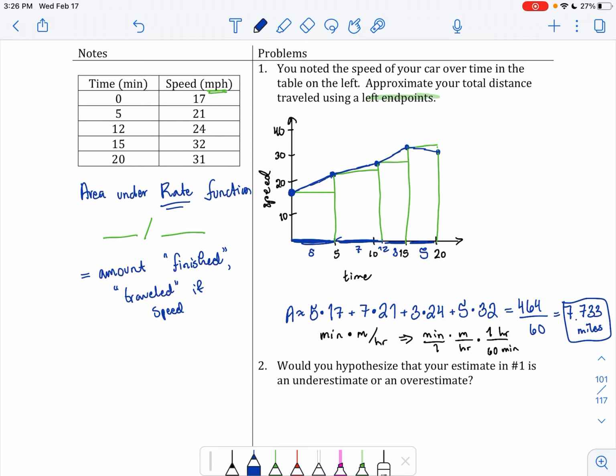I can make segments, make it a line graph like this, and I would suppose that I have underestimated here, because I'm not counting these areas, and then I would have an overestimate just on this last rectangle. So since the first 3 sections are underestimates, and just the last one is an overestimate, I would guess that this is an underestimate based on the data here.